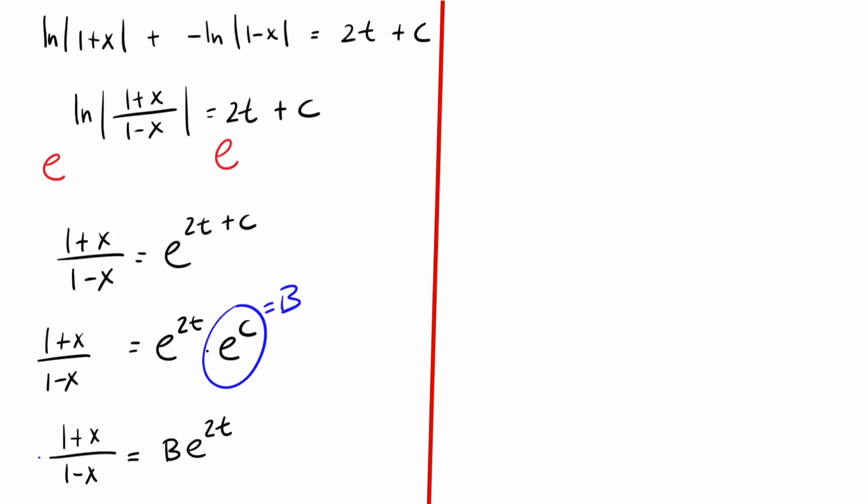And now as we want to simplify this, let's multiply both sides by 1 minus x, our denominator. As I write this out, I'm going to distribute the right side: b e to the 2t minus b x e to the 2t. Now let's get all the terms that involve x to one side, all the terms that involve numbers to the other.